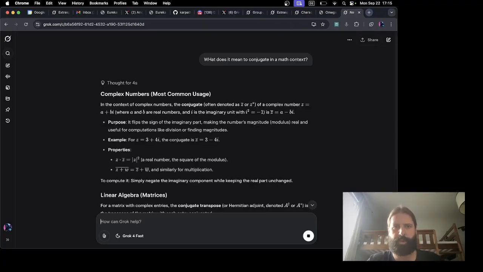In the context of complex numbers, the conjugate of a complex number a plus bi is a minus bi. So it's like a mirror, right?